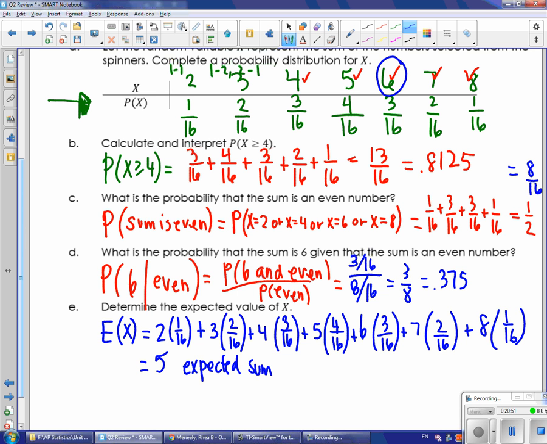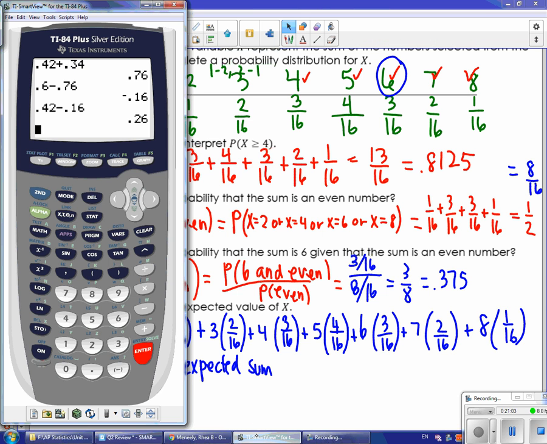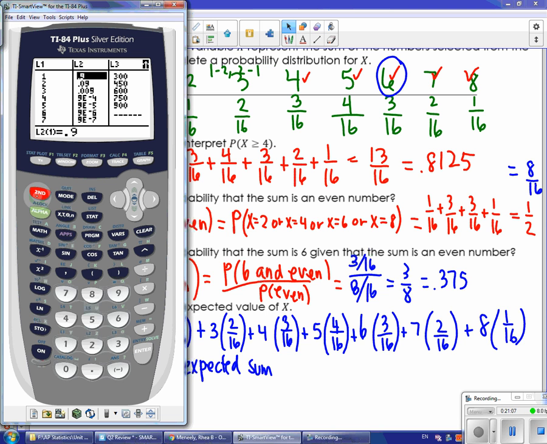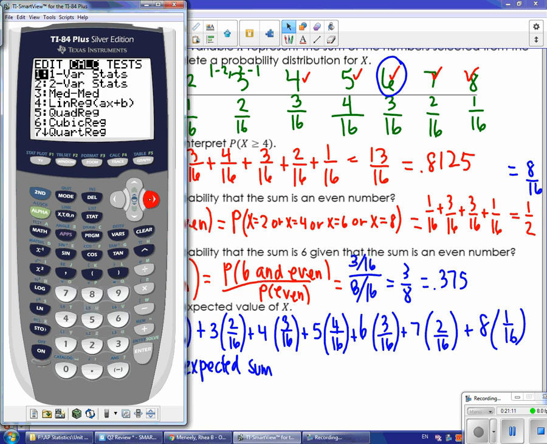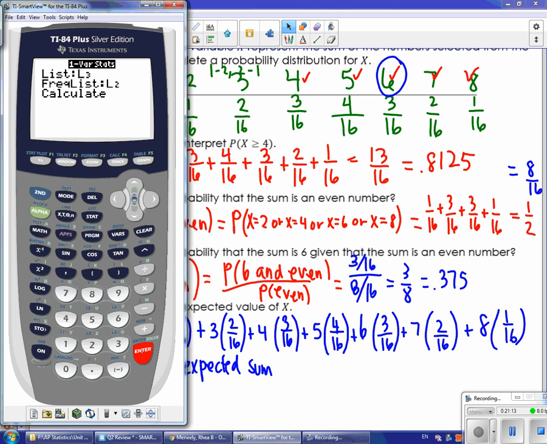You can also use your calculator, where you enter the outcomes into list 1 and the probabilities into list 2. And I will show you in case you don't remember how to do this. I'm not sure what I have in my lists, but I'll just use the data that I have in there. If you want to find the expected value, go to Stat, Calc, and then use your one variable statistics command.